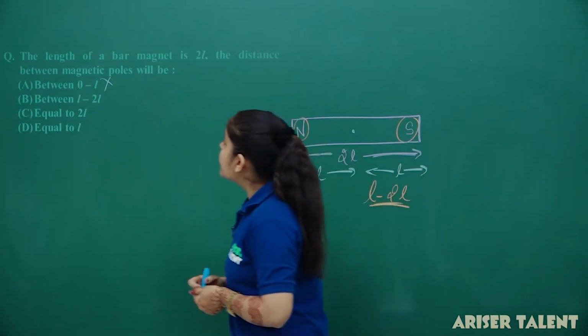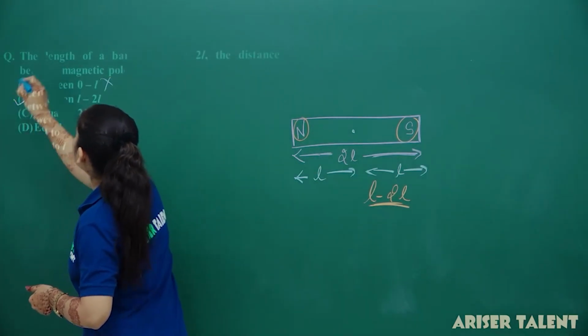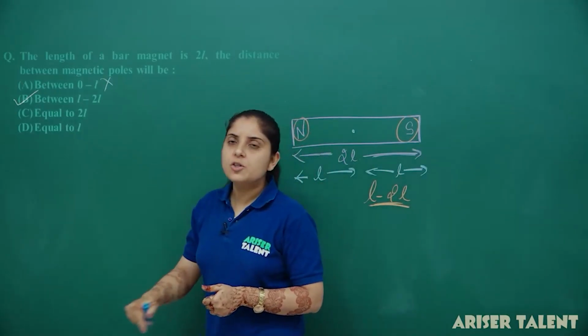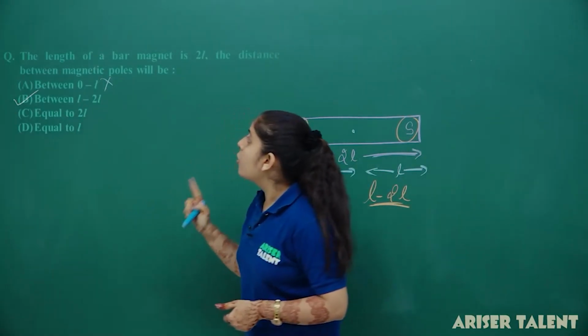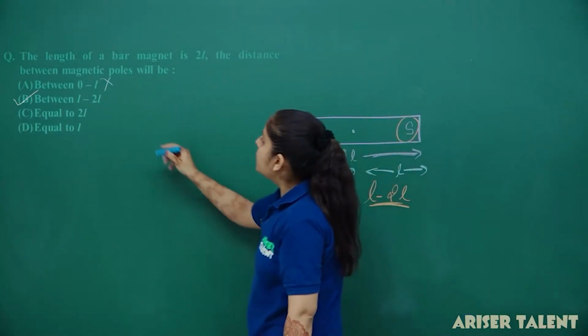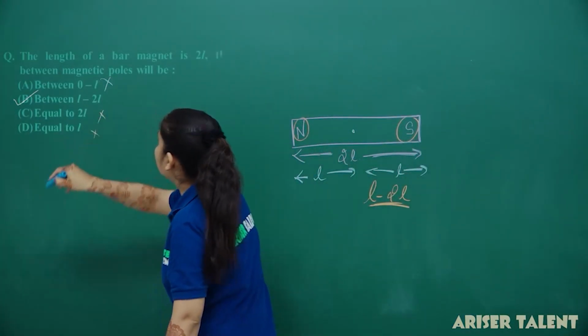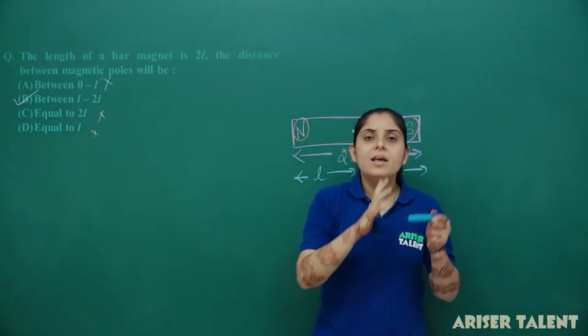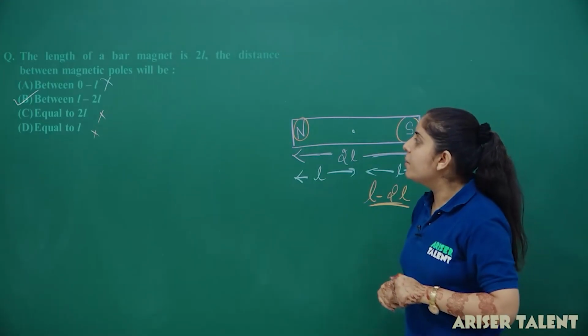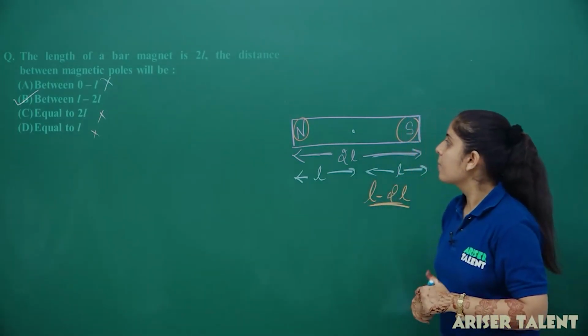The correct option here is option B, that it must lie between L and 2L, and we have to check the other options also. It is not equal to 2L, because 2L is the total length provided here. So, it is false. It must lie between L and 2L, so option B will be our correct answer.